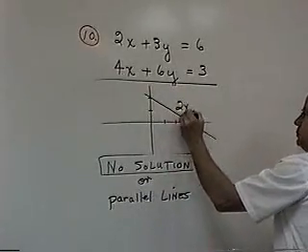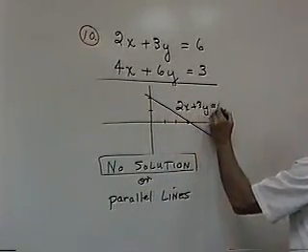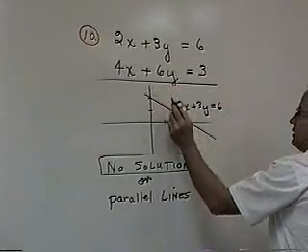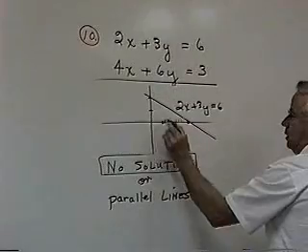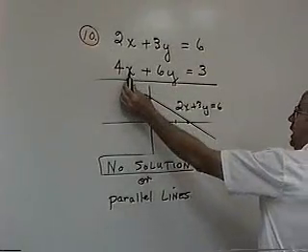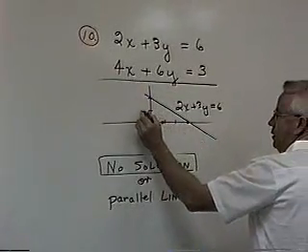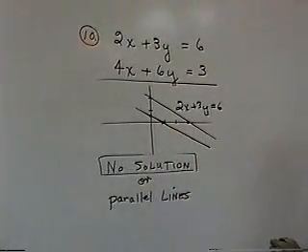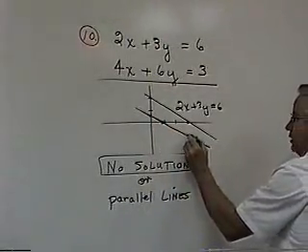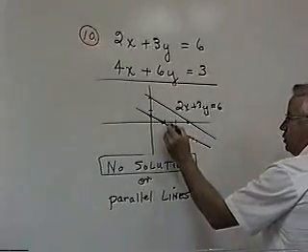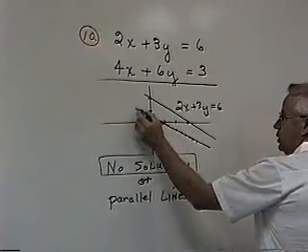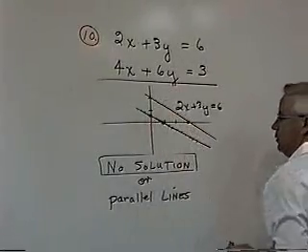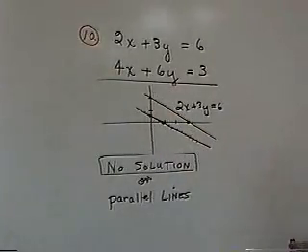This is the 2x plus 3y is equal to 6. Now the second one, if I put my hand over the y, x is equal to 3/4. If I put my hand over the x, y is equal to half. So I draw that line and look what happens. They end up being parallel. There's not a dot. There's not an ordered pair. There's not a solution set on this equation that's on this equation. So therefore, it's considered to be no solution.